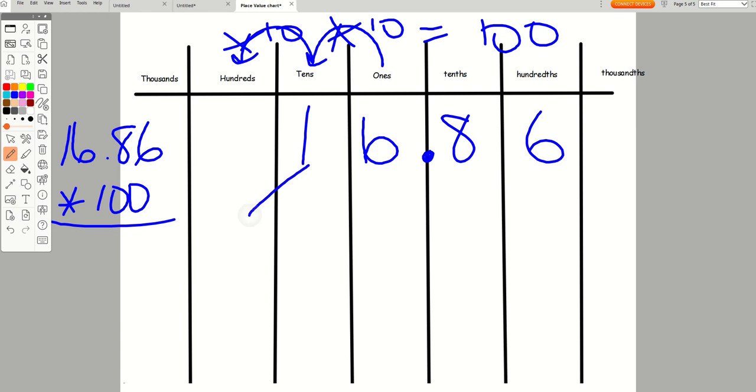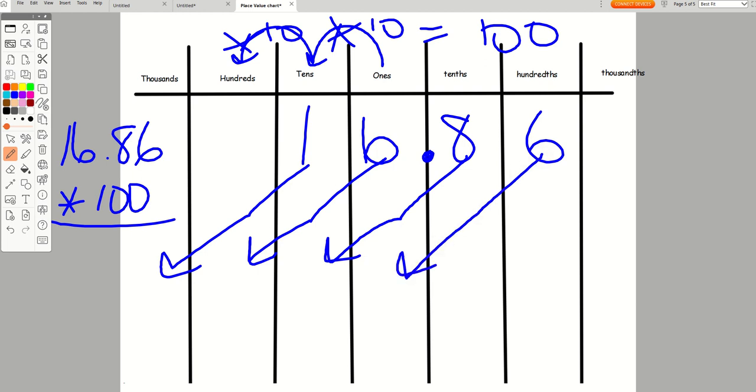So 1, 2, 1, 2. I put that 1 there, transcribe that 6 there, that 8 goes there, that 6 goes there. My decimal drops down. So I now have $1,686.